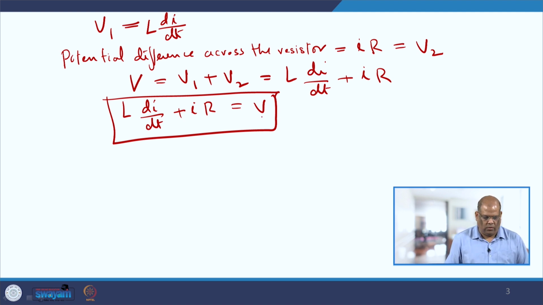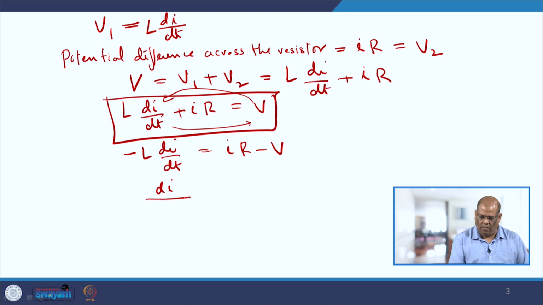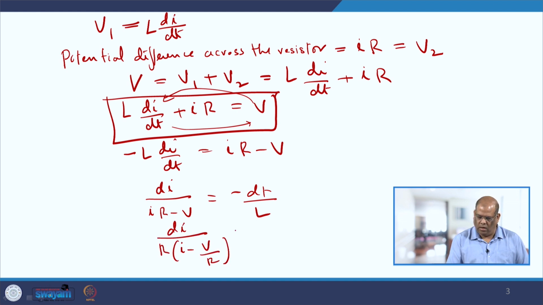I can write minus L times di dt is equal to IR minus V. I bring this to this side and this to that, and now you separate the variables: di by IR minus V equal to minus dt by L. I take this R common, so di by I minus V by R equal to minus dt by L.